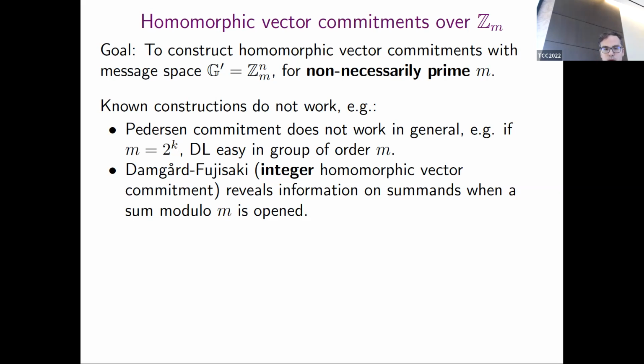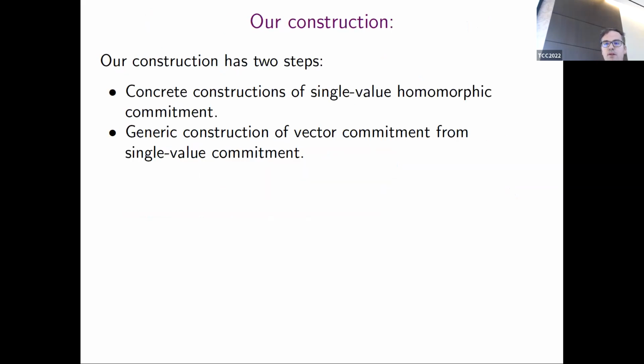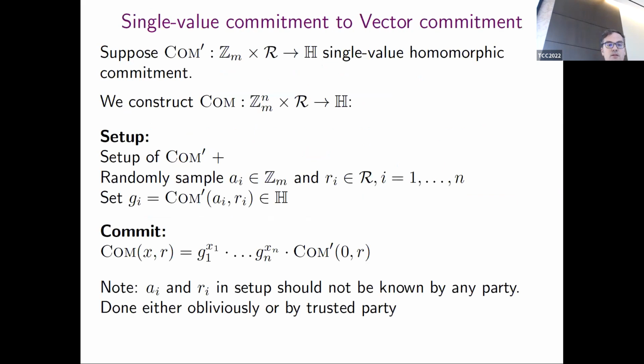So our constructions for these vector commitments have basically two steps. One is to construct homomorphic commitments for single values, and then we find a generic construction of vector commitments from single-value commitments. Let me explain the second thing first.